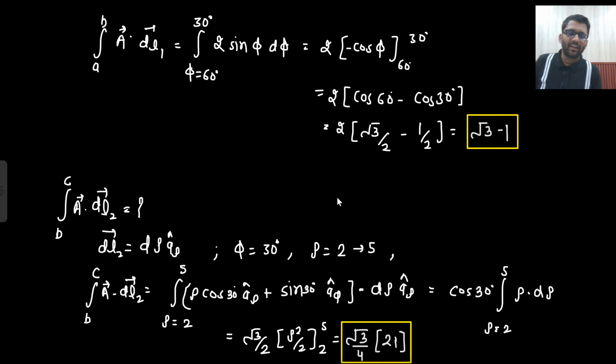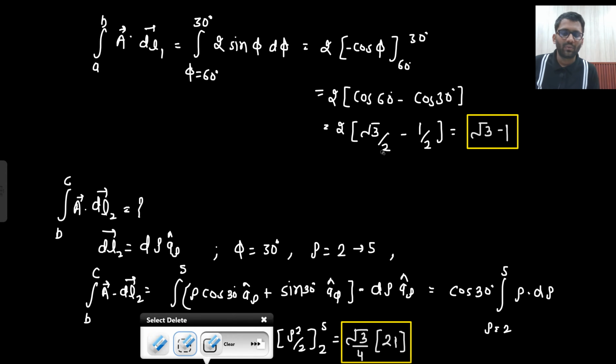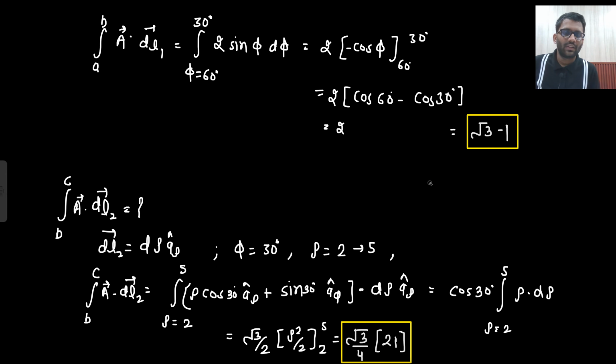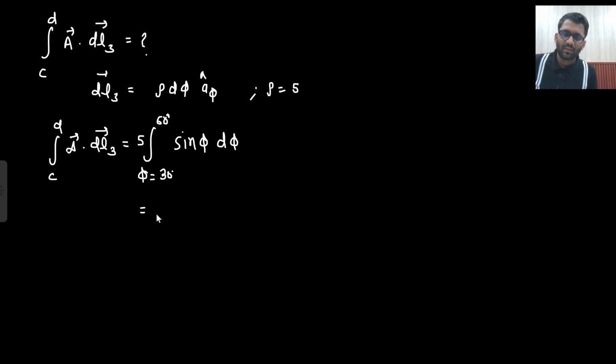And one more error I did here. So this would be 1 by 2, no? Cos 60 is 1 by 2, right? And this is minus root 3 by 2. So this would be 1 minus root 3. 5 cos phi.